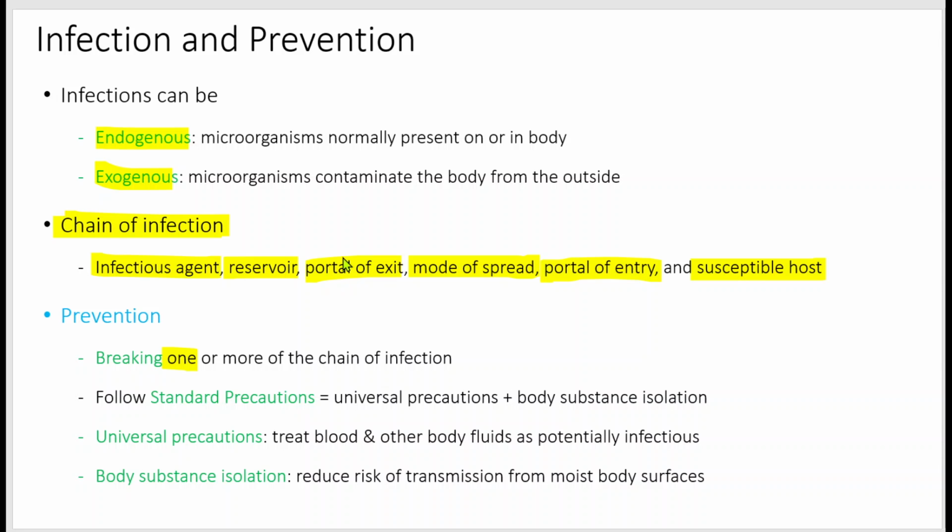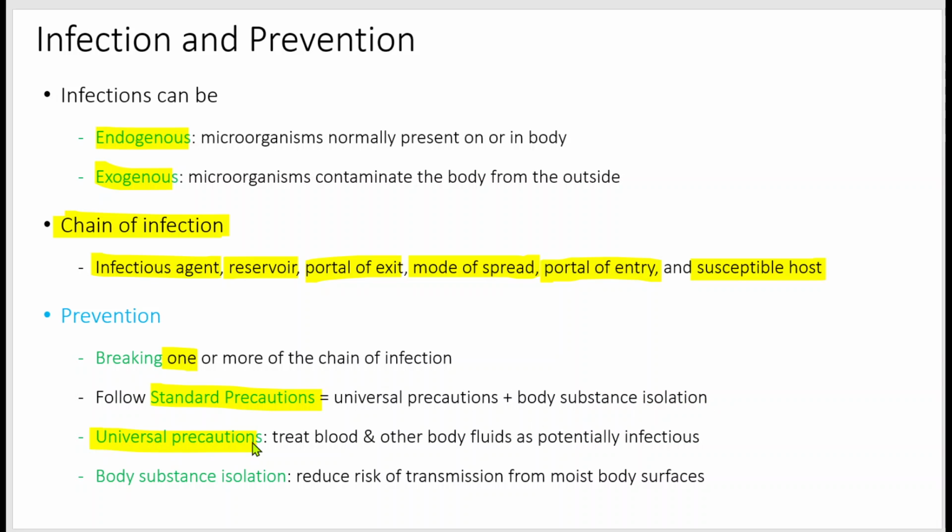Or we wear goggles to stop the portal of entry. And definitely staying healthy, that's with the host. If we break any link, then we can break the infection cycle. So we need to follow standard precautions, and standard precautions means universal and body substance isolation.